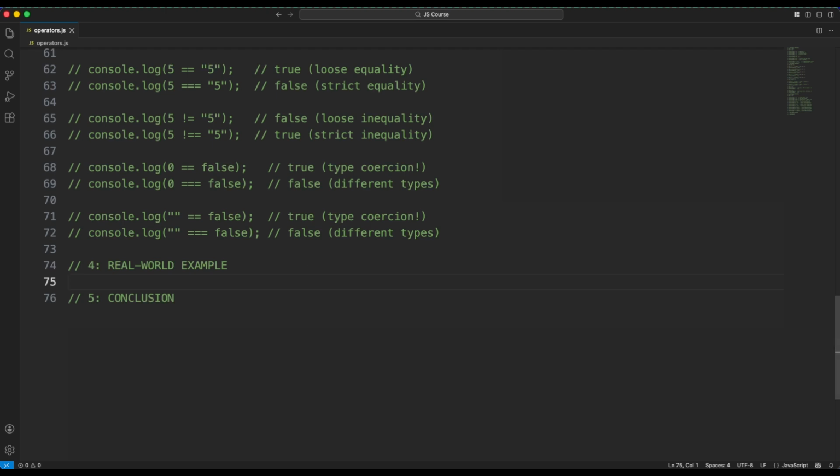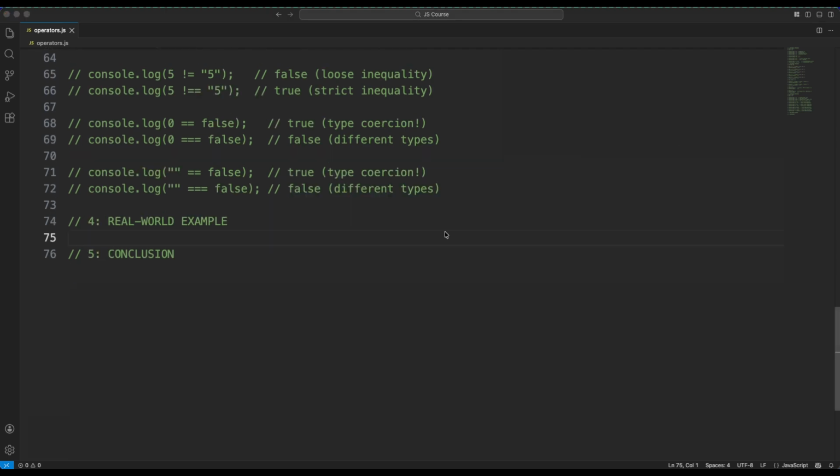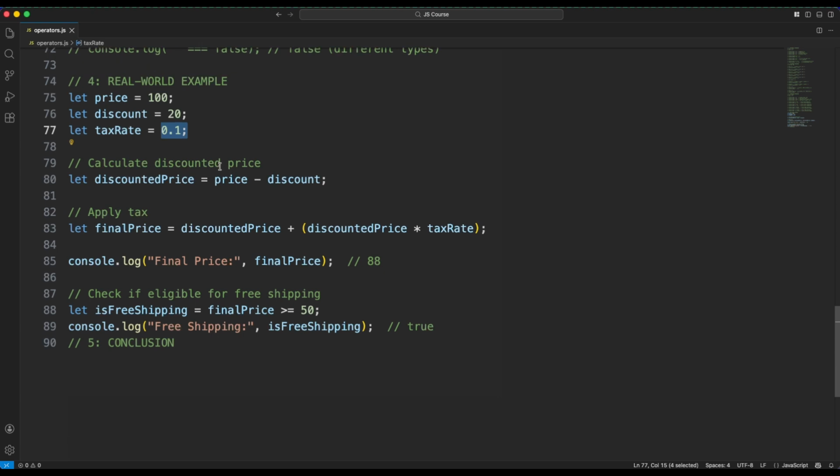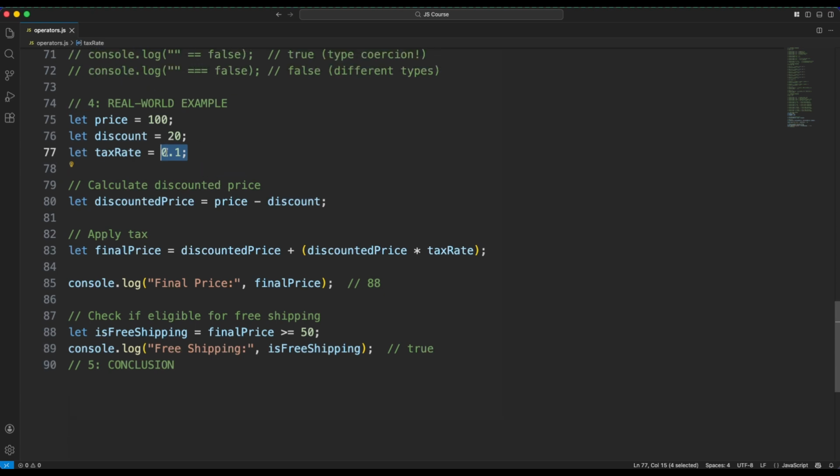In a real world example, suppose price equals 100, discount 20, tax rate is 0.1, or you can call it 10%. Just think 0.1, okay? The discounted price will be price minus discount, right?